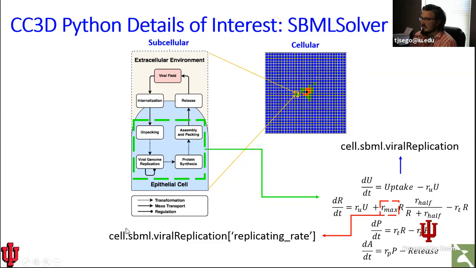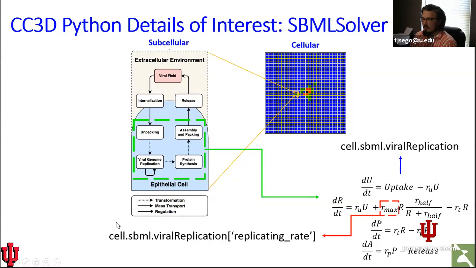So in this case, shown here in the bottom right, in our drug therapy simulations, we did some changes in real time of the coefficient Rmax in the model specification for this system of ordinary differential equations. Rmax is defined as replicating rate. Now, programmatically, at any time in simulation, we can then access that value and change it using this line shown in the bottom center.